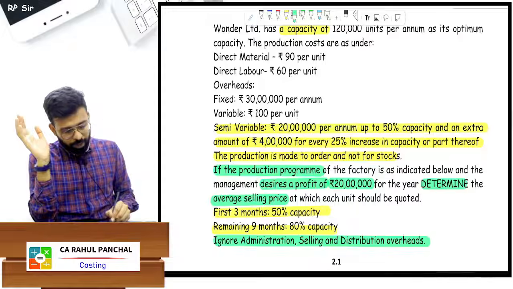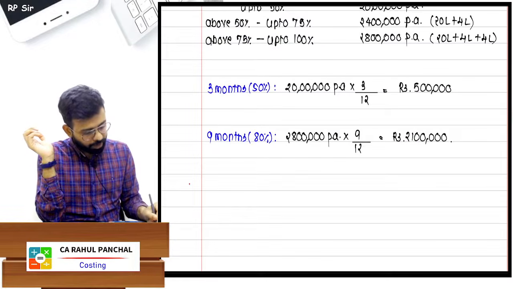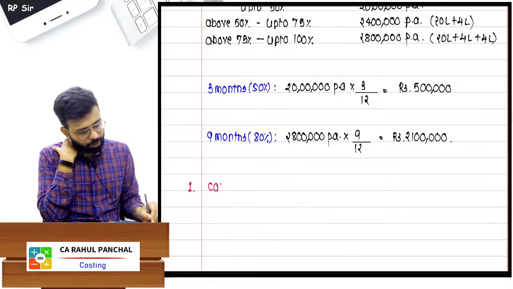So let us make one cost sheet, or calculation of the selling price, we can say. Give the heading as calculation of selling price.